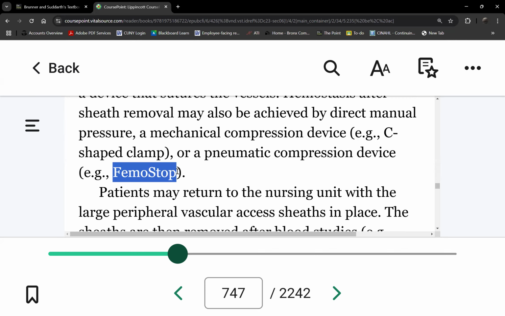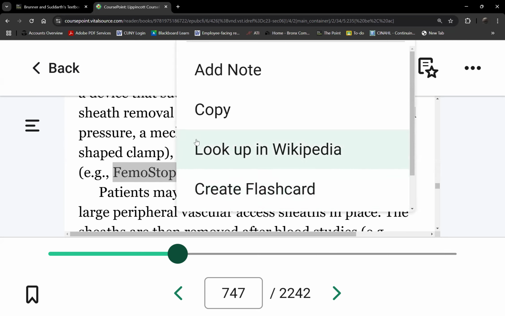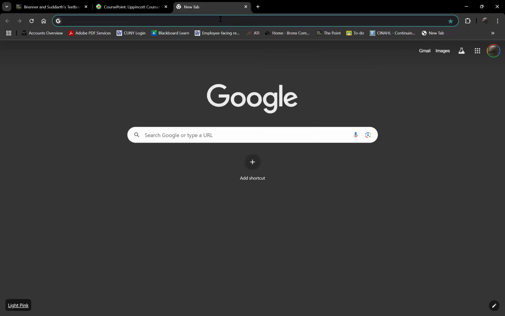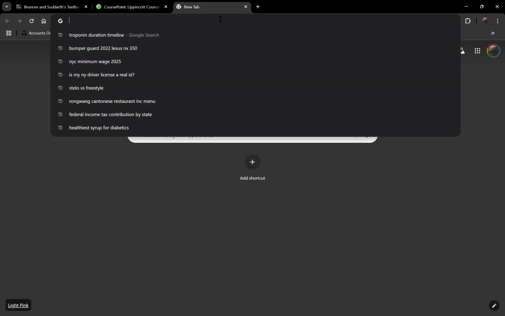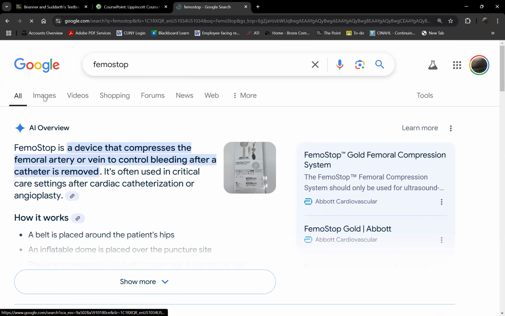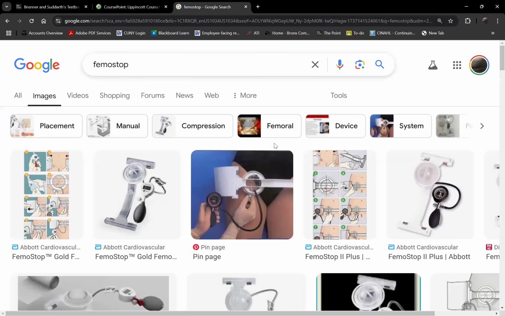A FemoStop, let me show you what it looks like. It's usually yellow, and it has a band here.